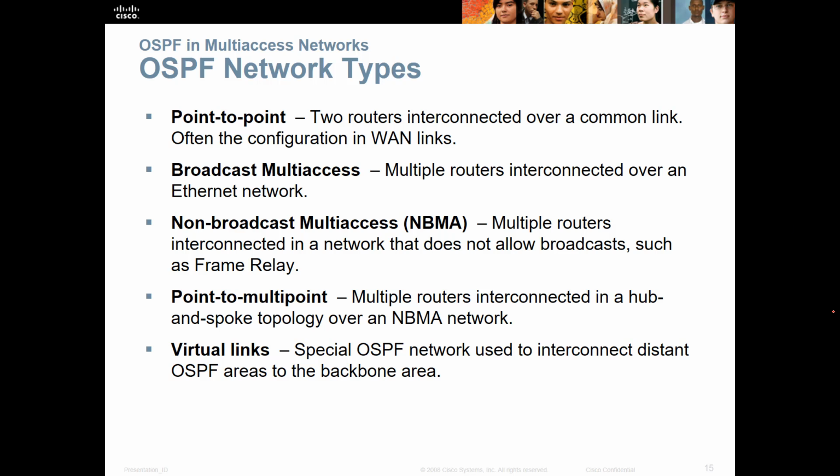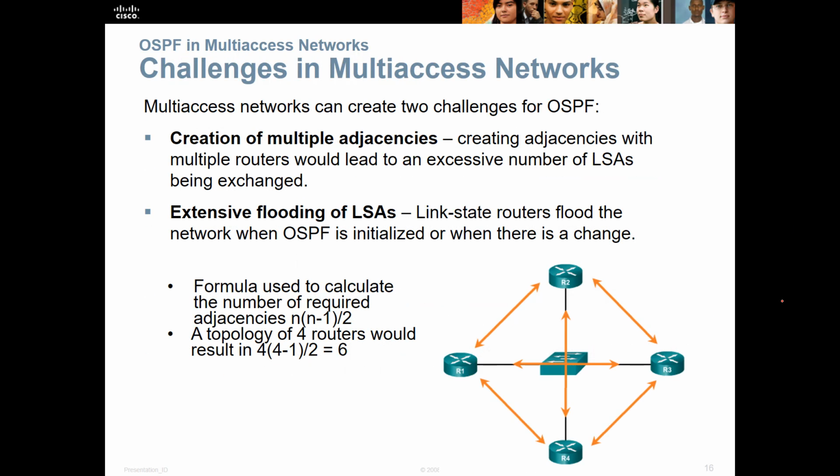So with that said, there are some challenges in these multi-access networks. The main challenge is there's actually two: the creation of multiple adjacencies and the extensive flooding of LSAs, link state advertisements.